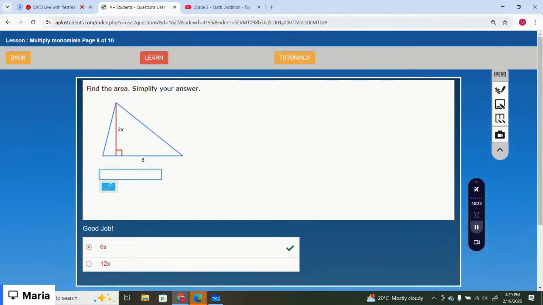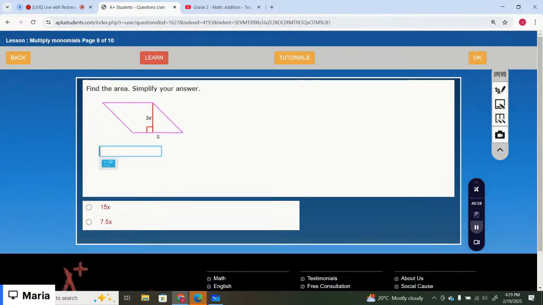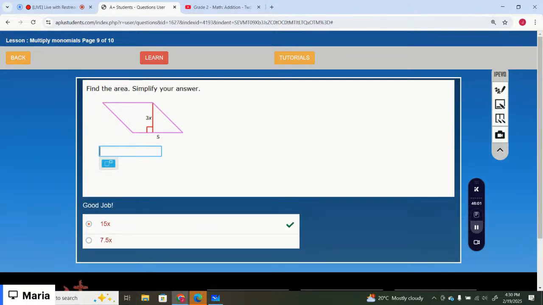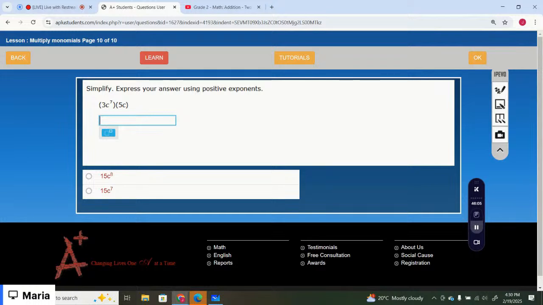Option number 1 is the correct option. That is 15x. 3c^7 times 5c.